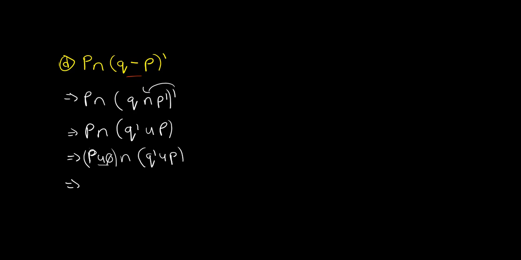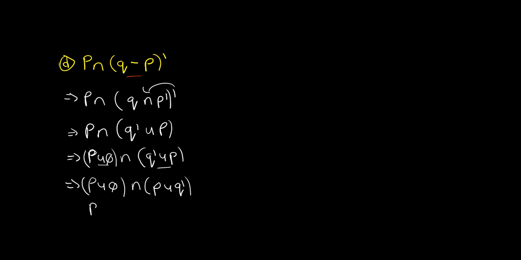Now I'm going to exchange this part there. So I'll say P union empty set, intersection, then P union Q complement like that. Now I can factorize.